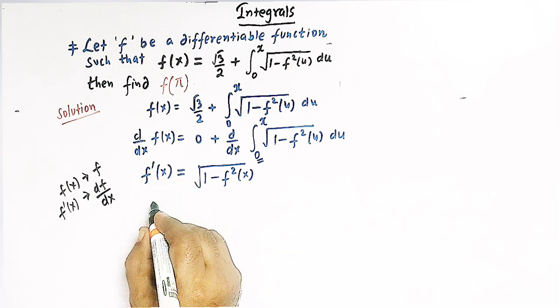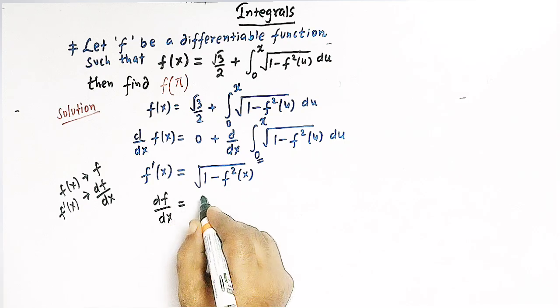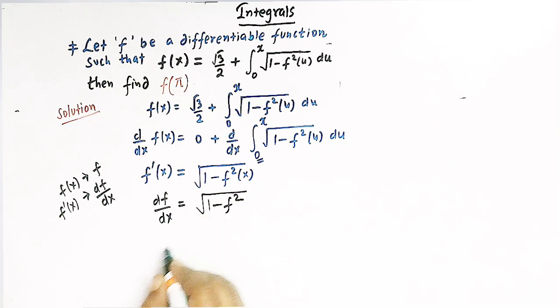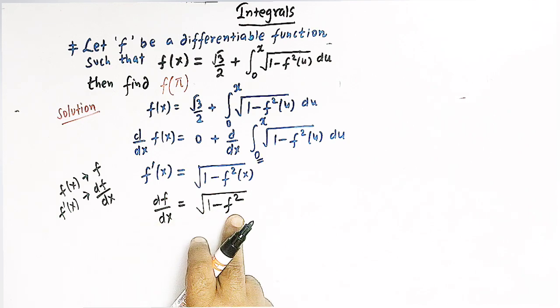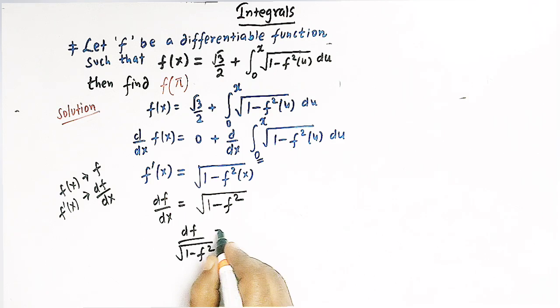So f prime of x can be written as df over dx, and here we have square root of 1 minus f square. Separating the variables, because this differential equation is in variable separable form, we have df over square root of 1 minus f square equal to dx.